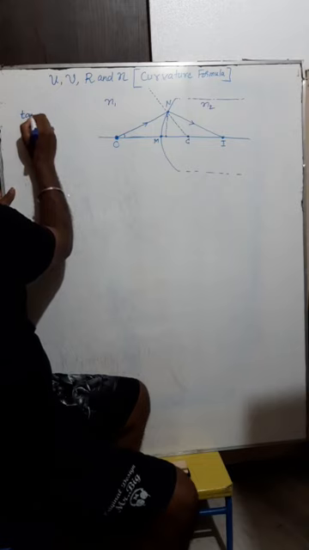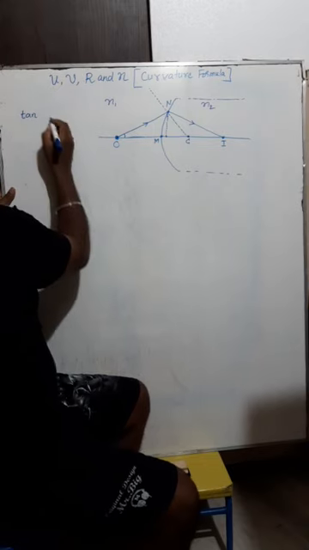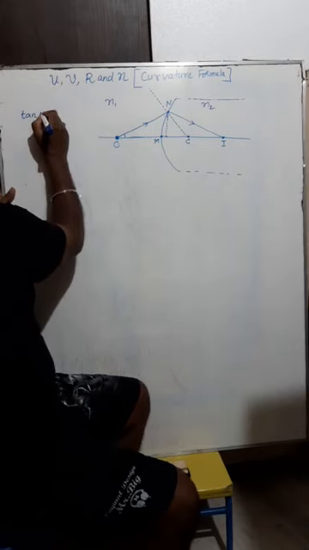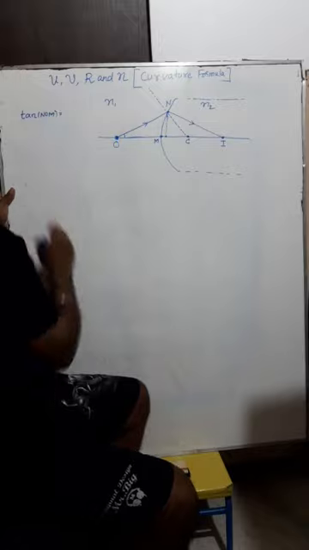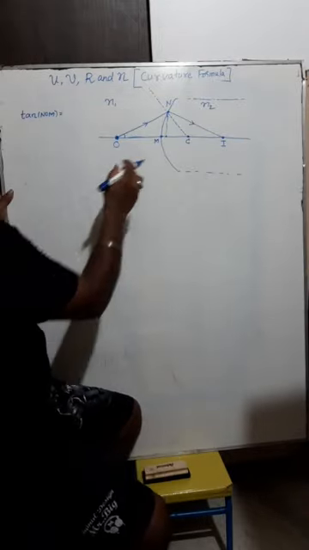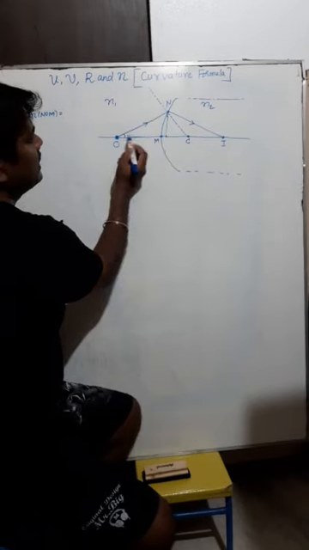Tan of angle NOM. You know the definition of tangent: opposite side divided by adjacent side. Which is the opposite side for this angle?